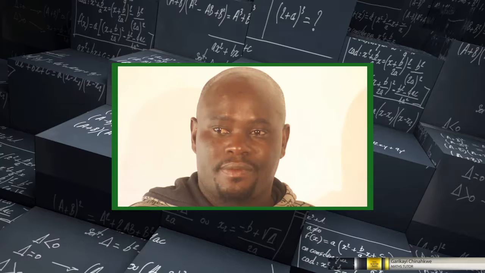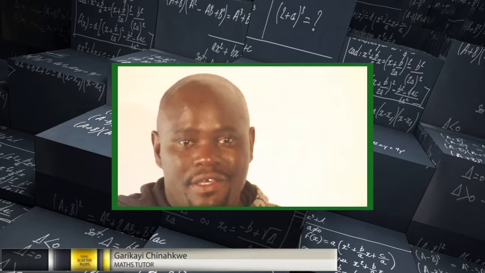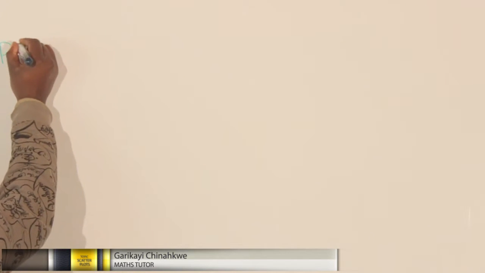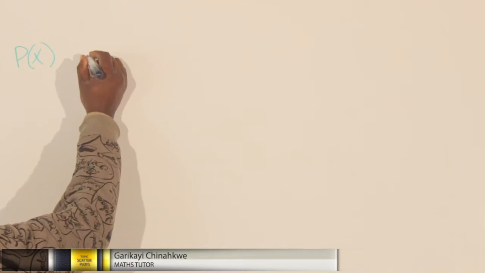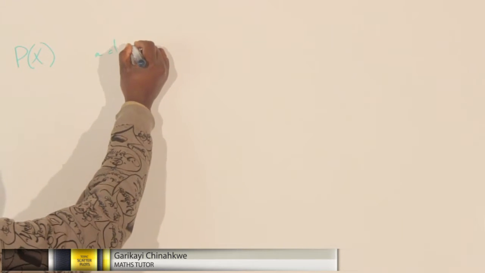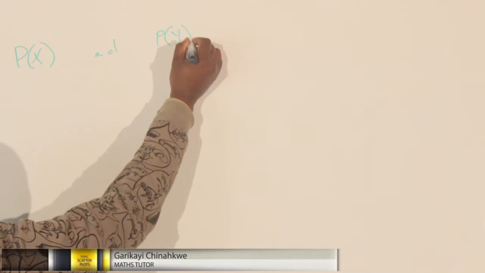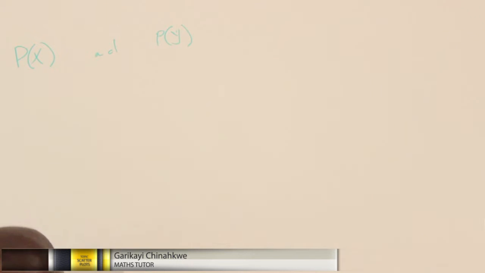Thank you. All right, today we are going to look at independent events. Whenever you're given independent events, for example, event X and event Y, let me just write like this.